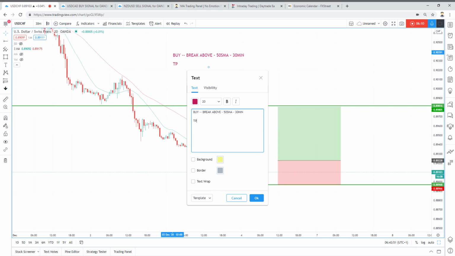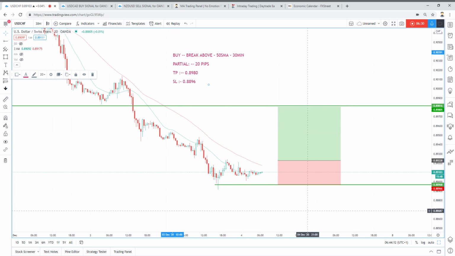TP1 or partial profit is going to be 20 pips. TP is going to be 0.8980, and SL is 0.8896. So you can decide if you want to trade it as per naked trading, or if you want to trade it with moving averages.